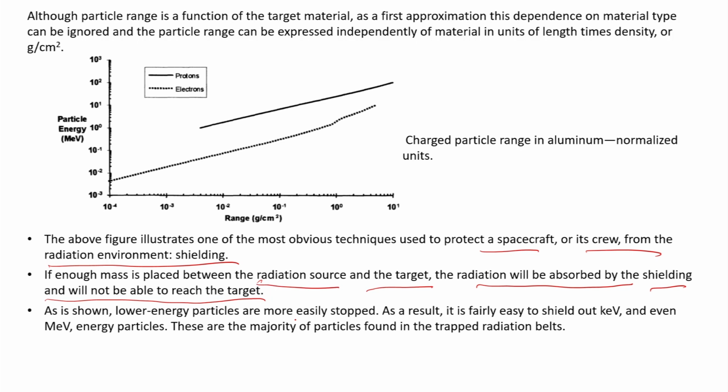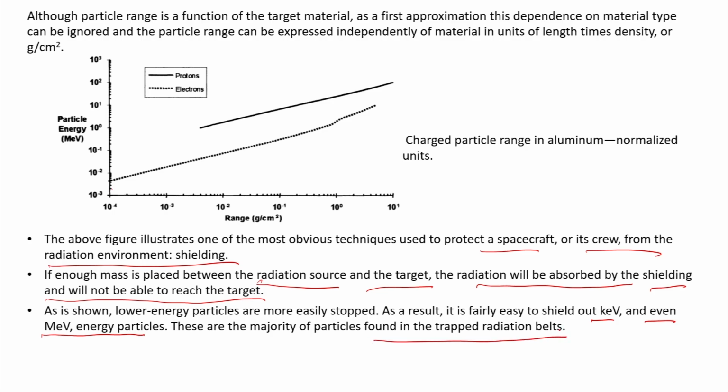If you see the stopping distances, whenever the energy is low, the stopping distance is also less, and as a result it is fairly easy to shield out kilo electron volt or even mega electron volt energy particles. These are the majority of the particles found in trapped radiation belts.